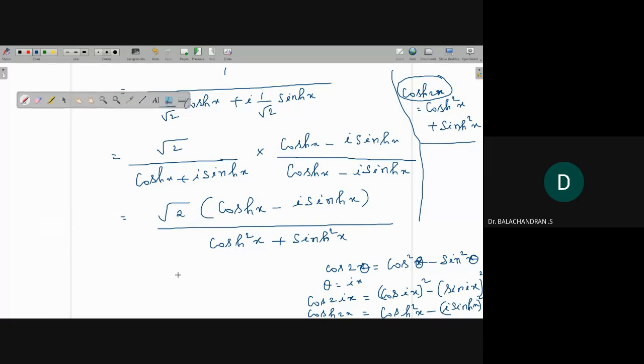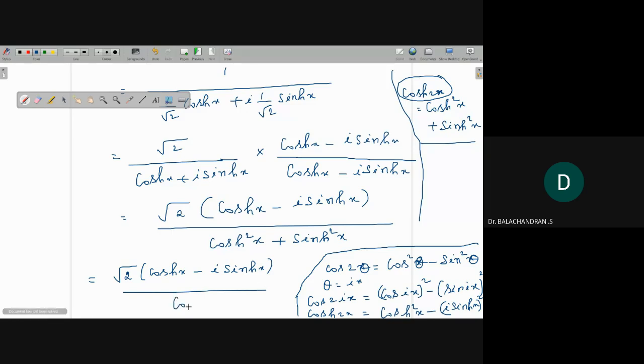Hereafter you should remember this result. Suppose you forget, you can derive it using this formula. That's why I told you that you should be strong in the basics. So this is cosh 2x.